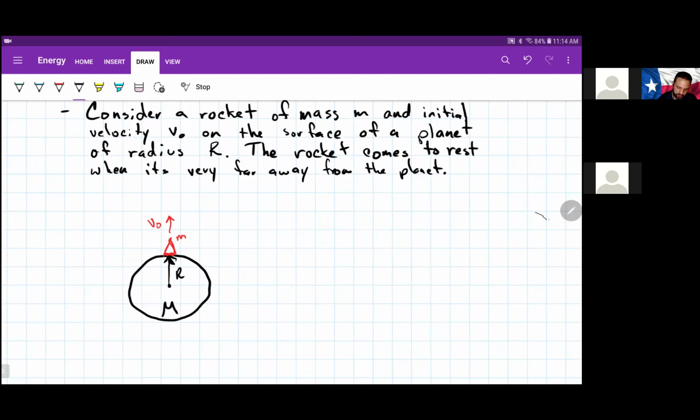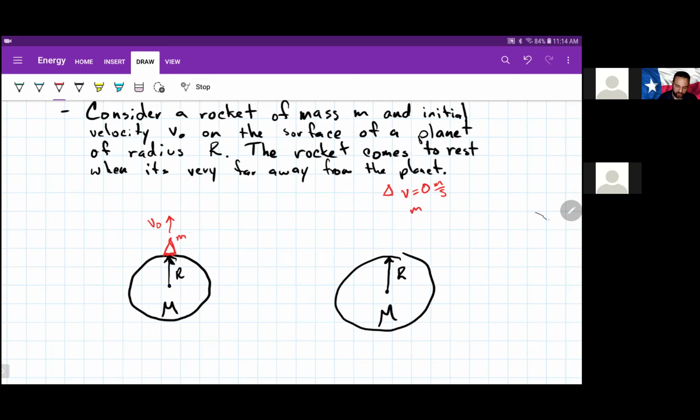And then it lifts off, goes up into the atmosphere and beyond. It ends up way over here somewhere up in the sky, and it stops, right? So we end up with a final velocity of v equal to 0. Okay. None of the other things change about the mass of the planet, so we still got this radius R, we still got big M, and we still got some mass little m here.